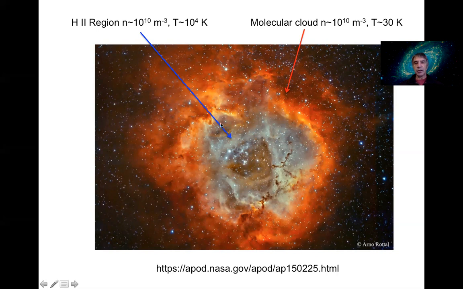So the pressure in this ionized bubble will be about 300 times bigger than the pressure of the surrounding molecular gas, which means that the H II region, the ionized gas, will be expanding over time into the surrounding molecular cloud material, because it's overpressurized.